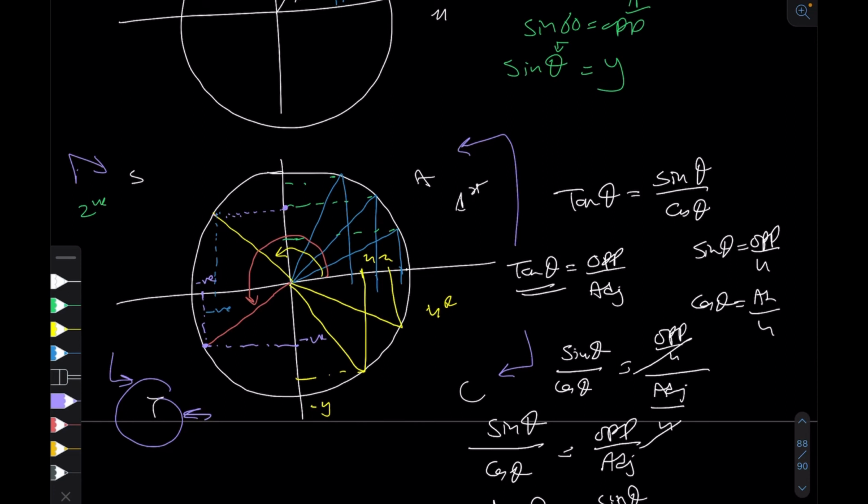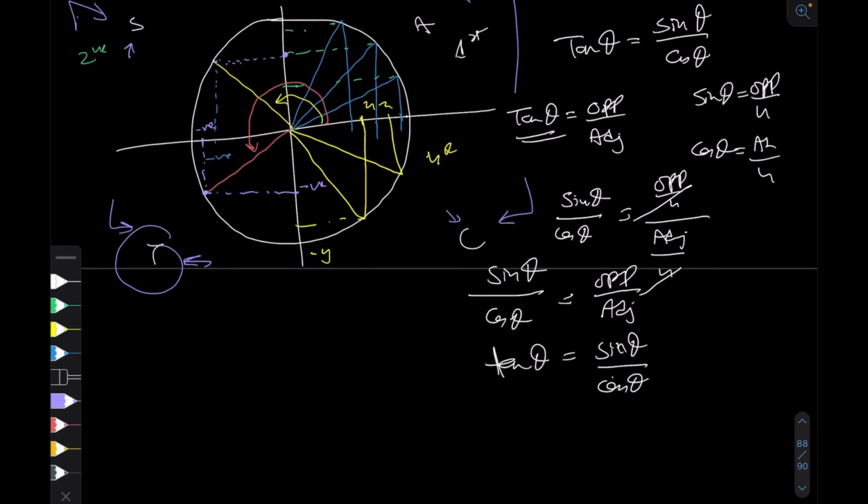So this is assuring that cos is not positive in the third quadrant, nor is sine. But since tan is sine theta over cos theta, any negative value divided by a negative value will be a positive value. And this is why tan theta will be positive in the third quadrant. So for example, tan of 225 will give me a positive number.